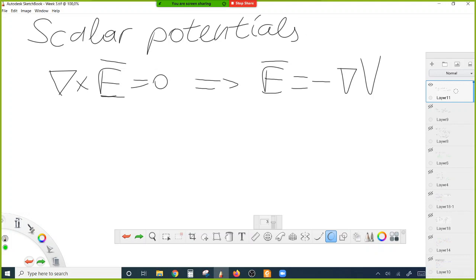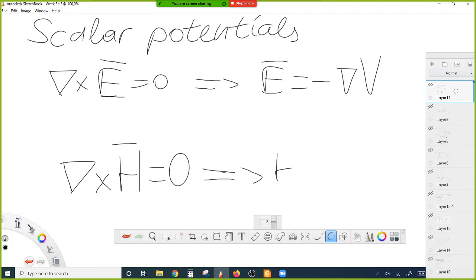And for magnetic fields, if the magnetic field intensity is curl free, or in other words, the rotor of the magnetic field intensity is zero, the magnetic field intensity can also be written as a gradient of scalar function psi, where psi is the magnetic scalar potential.